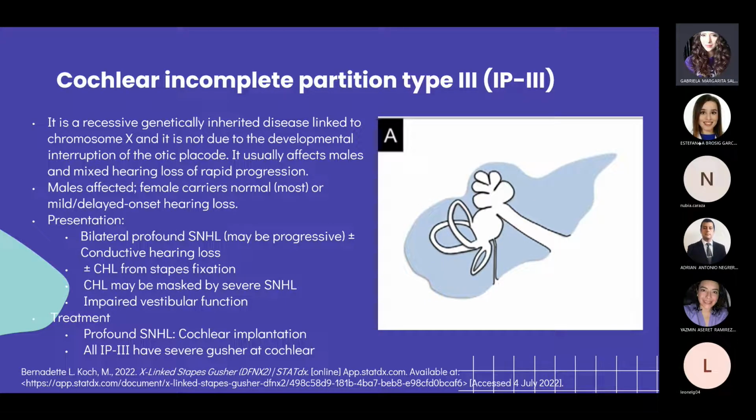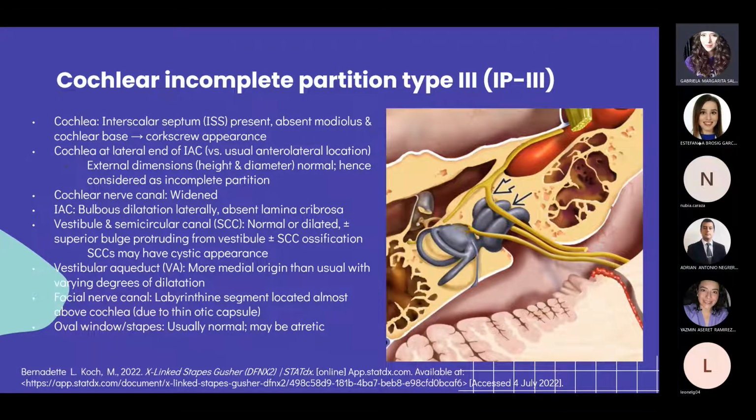And in the cochlear incomplete partition type 3, we can see a total absence of the modulus, but the interscalar septum is present. The cochlea is located laterally to the internal auditory canal, and they are widely communicated due to a complete deficit of the cribriform plate.